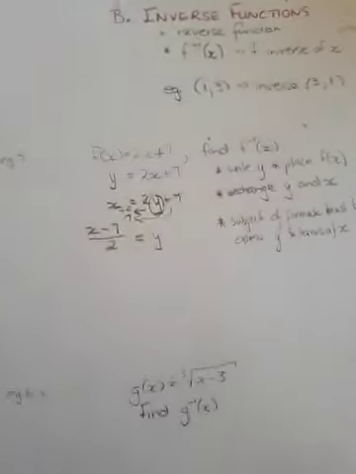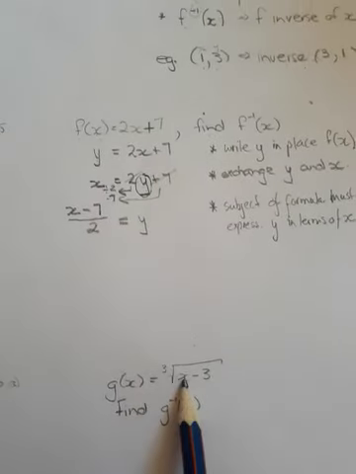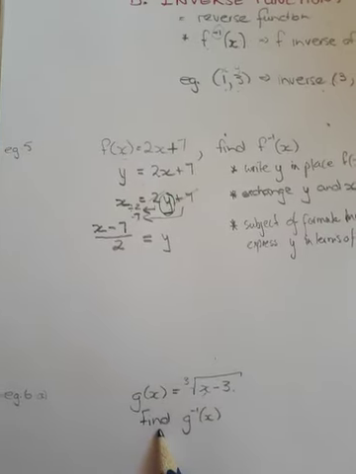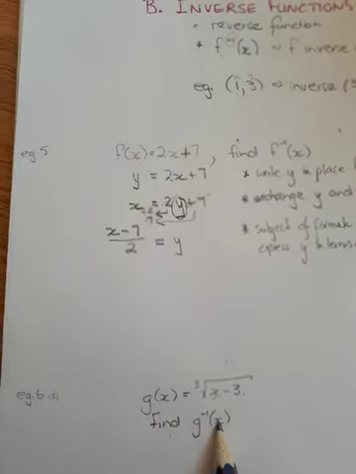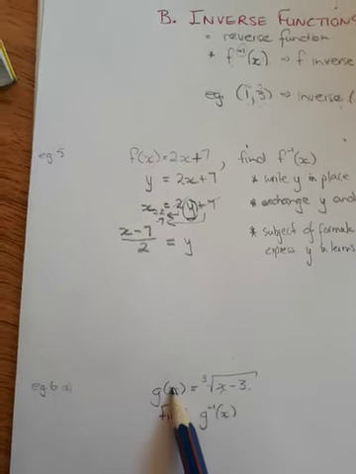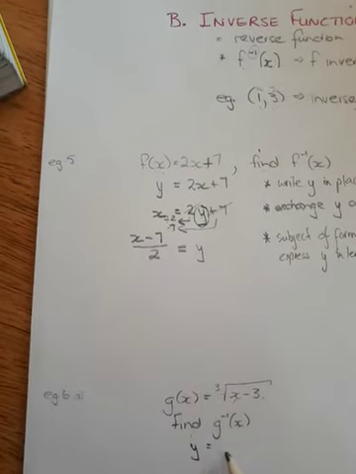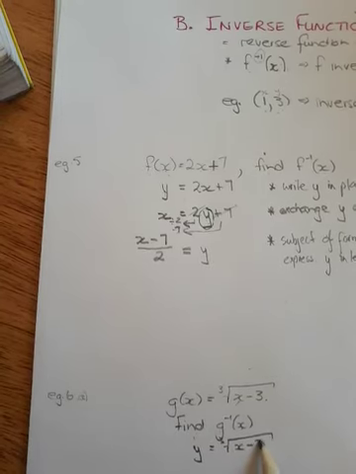Right, let's look at another example. They give you g of x, which is the cube root of x minus 3. And they once again say you must find g inverse of x. Right, so let's go to step number 1. We are going to substitute g(x) with y, which gives me y equals the cube root of x minus 3.